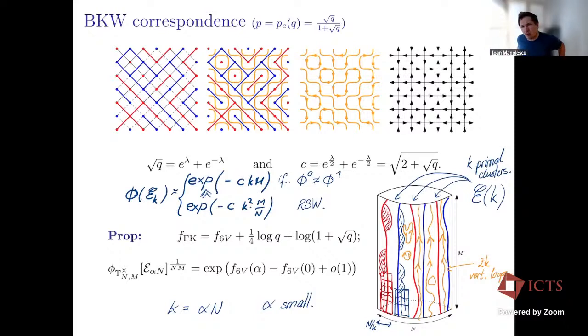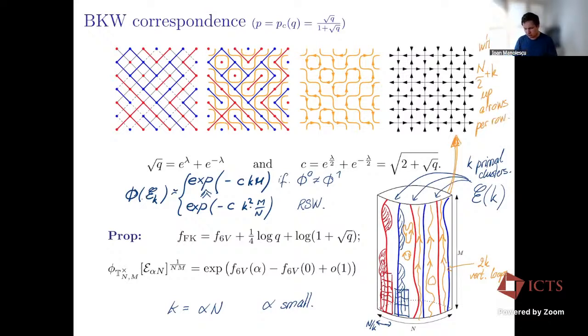I mean, this probability is exponentially small in the number of loops, but this doesn't make any difference if you're looking at the volume effect. And so if these all get oriented upwards, then all of a sudden you obtain here a configuration in the 6-vertex model with n over 2 plus k up arrows per row.